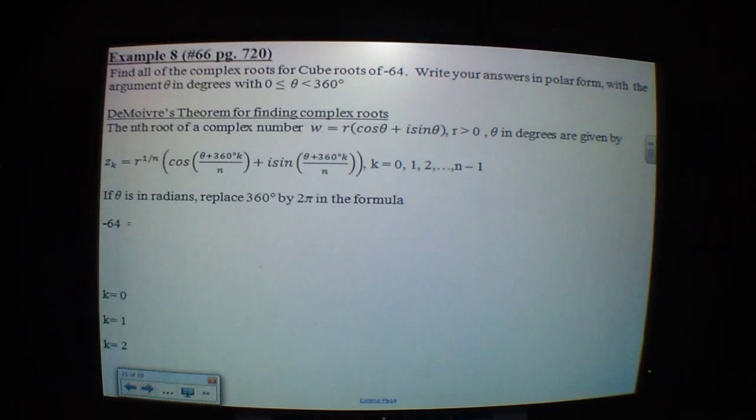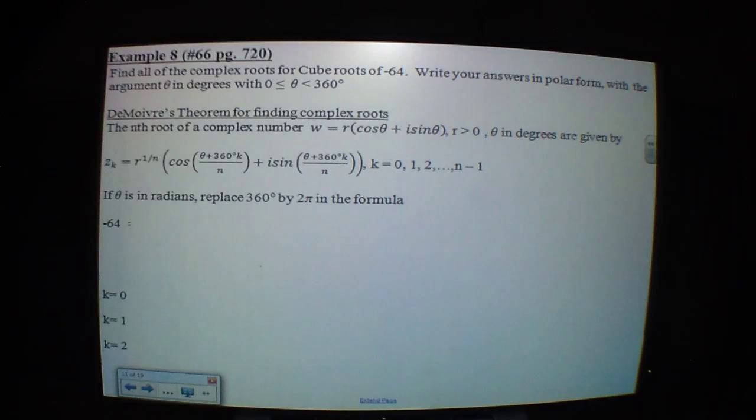Next example, find all the complex roots for the cube root of negative 64. Write your answers in polar form with argument theta in degrees, 0 less than or equal to theta less than 360.